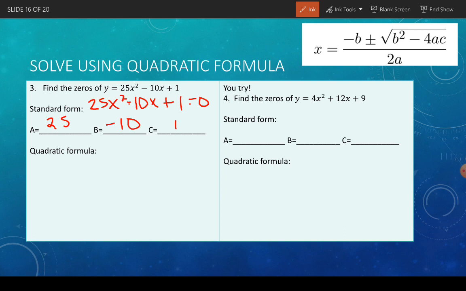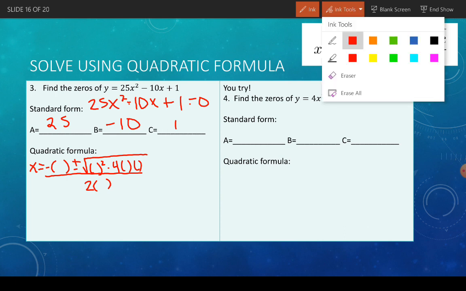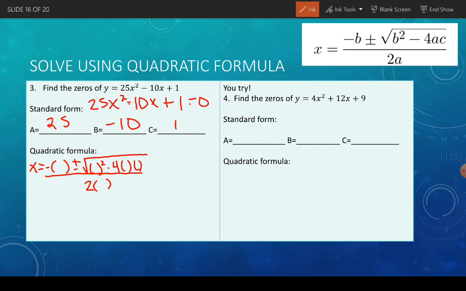Let's go ahead and plug it into our quadratic formula. Negative b plus or minus the square root of b squared minus 4ac all over 2a. So we'll have b is negative 10, negative 10, a is 25, c is 1, and a is 25.